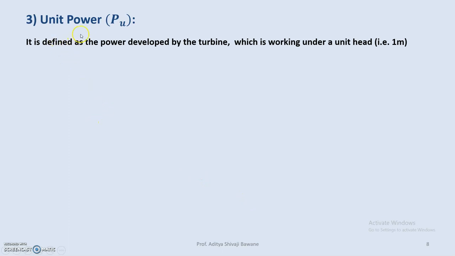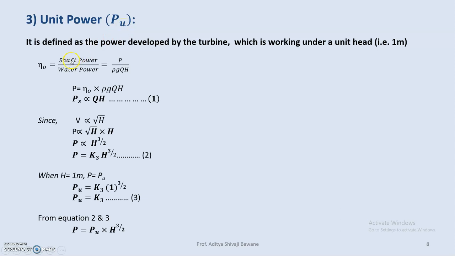Last one, unit power. It is defined as the power developed by a turbine working under a unit head. Whenever there is 1 meter of head, the power developed by the turbine is called the unit power.